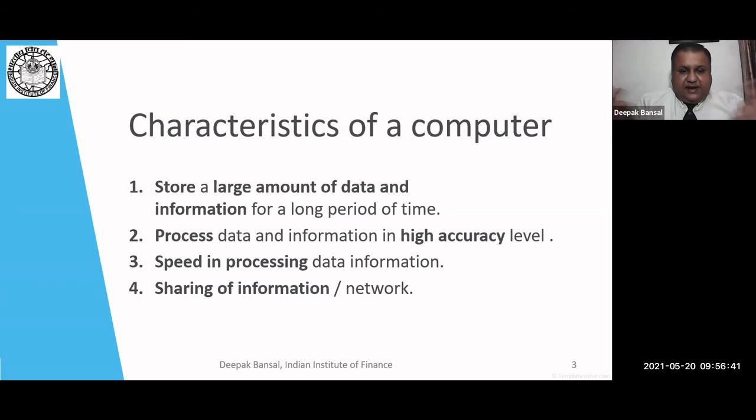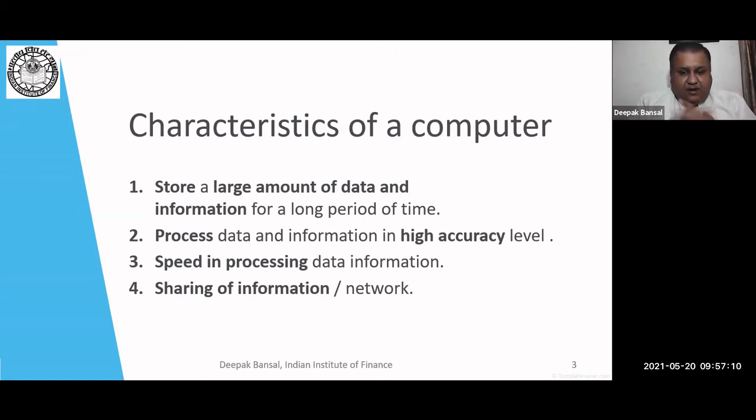And between this data and information comes the computer, which processes raw data and generates meaningful information out of the data which we supply to the computer. It processes the data with a very high degree of accuracy. Obviously, accuracy depends upon the input that we give to the computer. This is the concept of garbage in, garbage out.